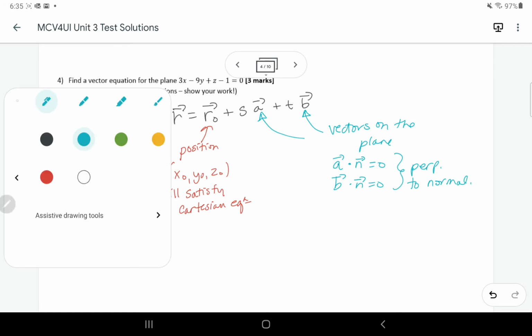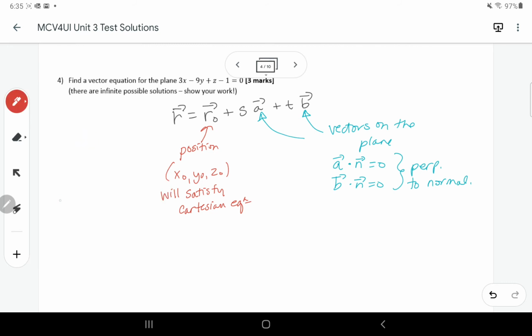So to find r naught, I think probably the easiest would be to say, well, what if we wanted to find the point where this plane intersects the z-axis?